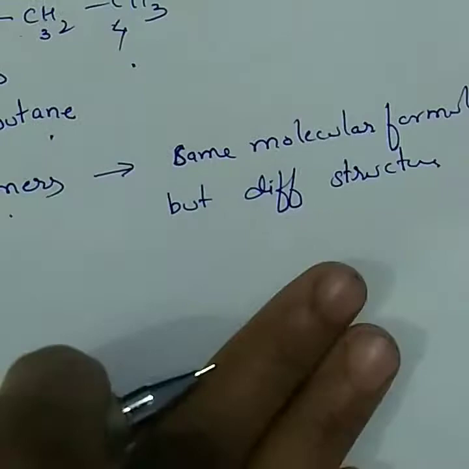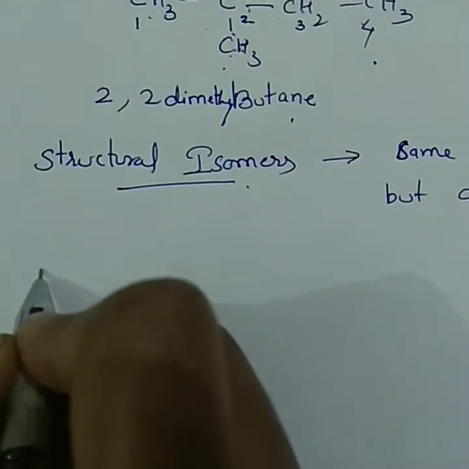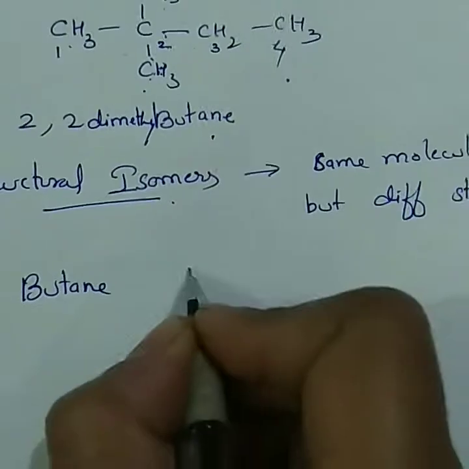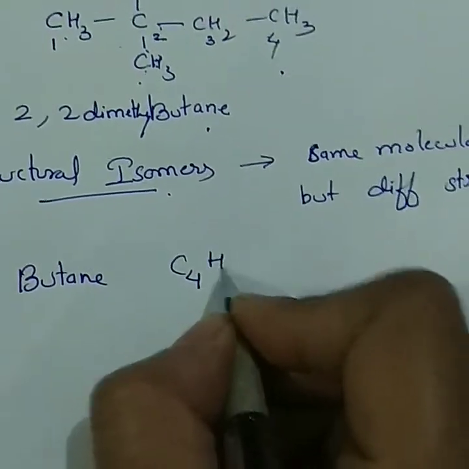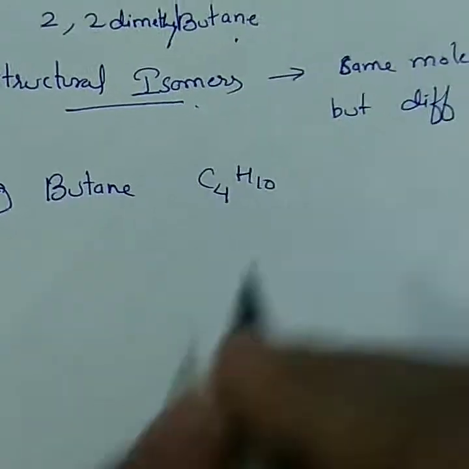The molecular formula will be the same but the structure is different. So we'll go with the structural isomers of butane. Butane's formula is C4H10. How many structural isomers are possible for butane?